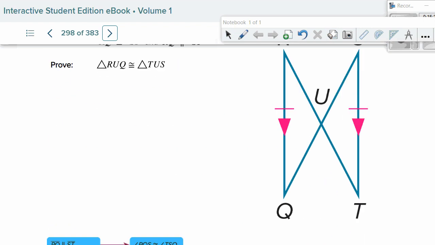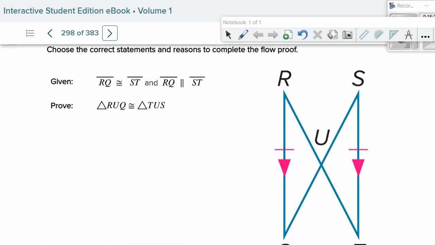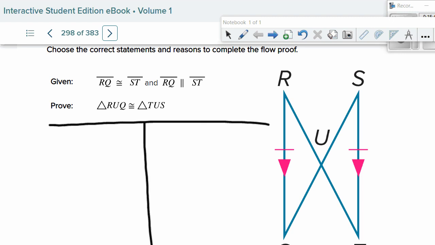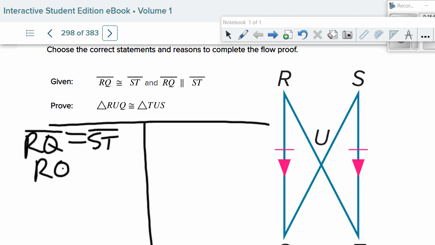Taking a look at this particular one, let's go ahead and draw a two-column proof. Let's set it up with what they gave me. RQ is equal to ST, and RQ is also parallel to ST. We show that with the arrows and with the equality, so that was all given to me.